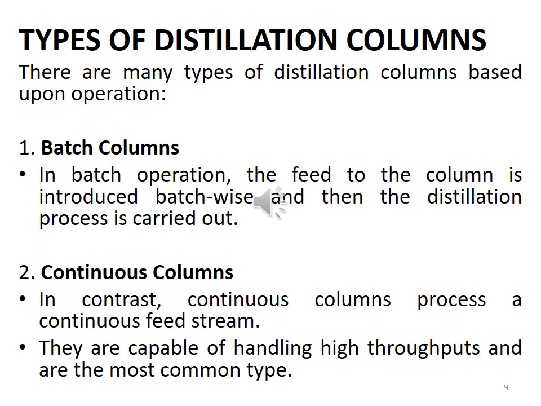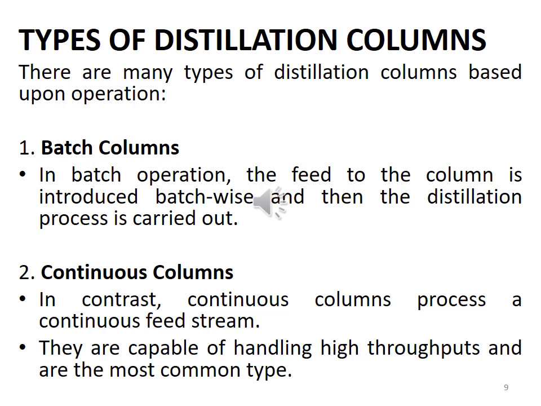After feeding the column, the distillation process begins, and when the required task is achieved, the previous batch is removed and a fresh batch is introduced into the column to start the process again.